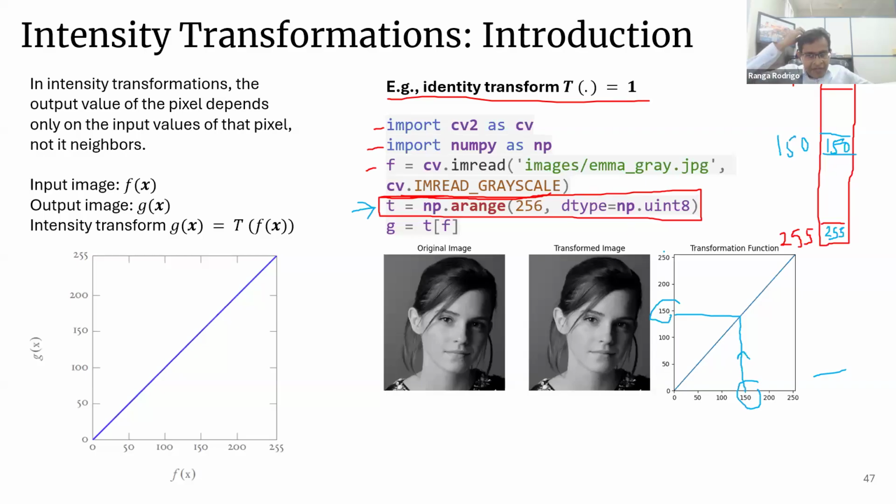But now that this one-dimensional array is there, how do we apply that to every single pixel in the image? Do you have to write two for loops? Yes, you can, but that's a stupid thing to do in a language like Python. You just do this. This is the most important line in this code. f is my input image. g is my output image.